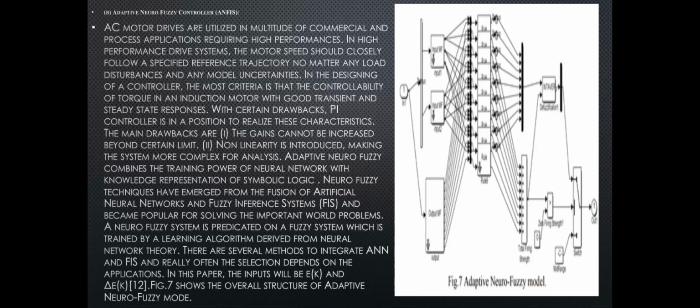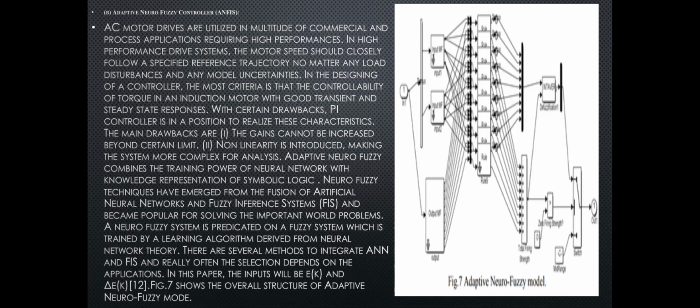In designing a controller, the main criterion is the controllability of torque in an induction motor with good transient and steady state responses, with certain drawbacks. A controller is in a position to realize these characteristics.